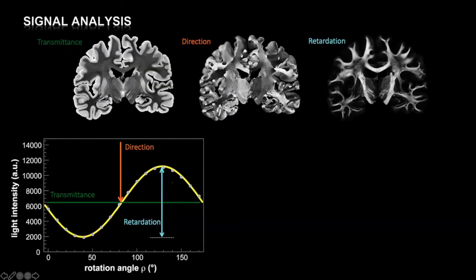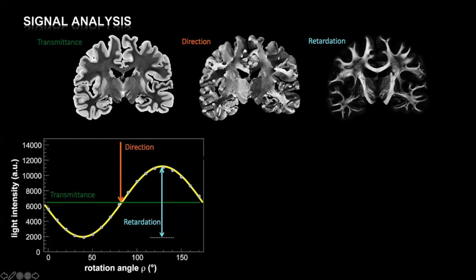So when we do analysis, we try to fit the intensity behavior in each acquired pixel. It looks like this here, right? So we have one exemplary pixel fitted, and we usually extract the mean value, the phase, and the retardation. If we bring this again into the section space, you can see how the mean value looks for an entire brain section. This is the phase image, we call it direction, which I will come to in a minute.